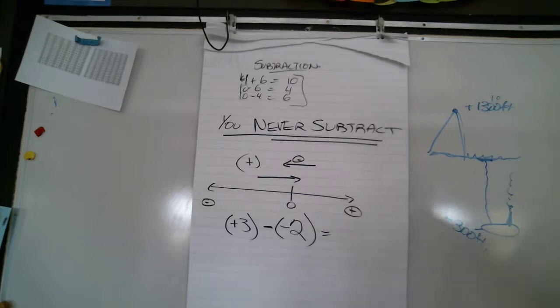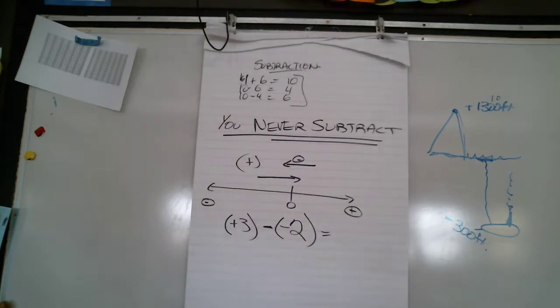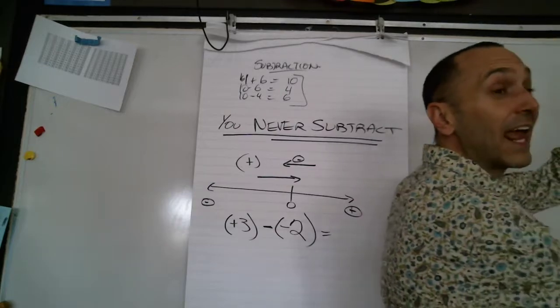Not order of operations. In the multiplication video. If I have a negative times a negative, what do I get? I get a positive. That's called a double negative.